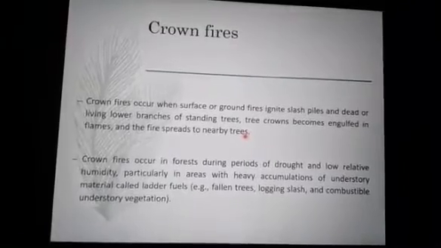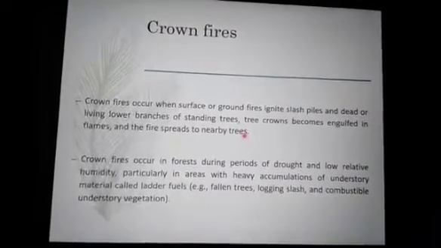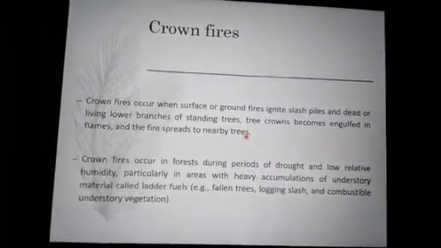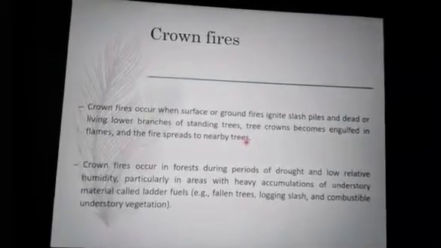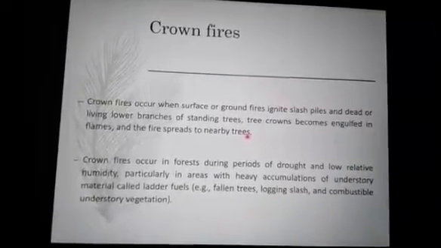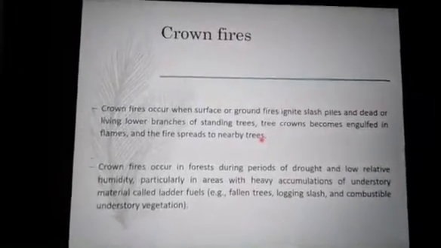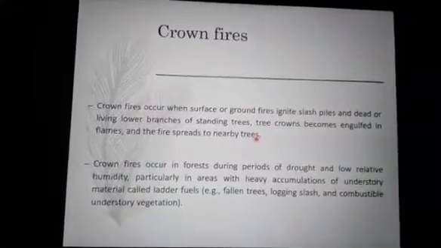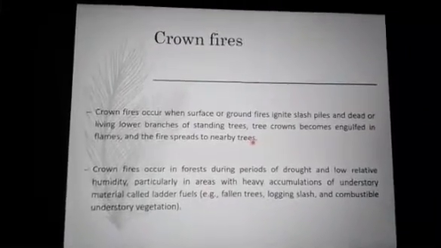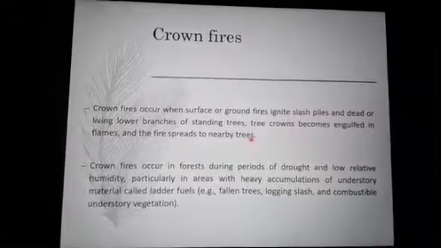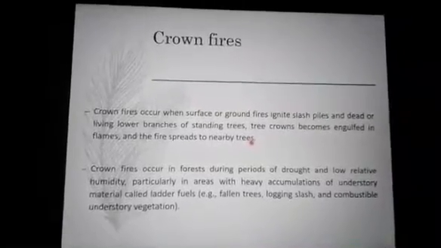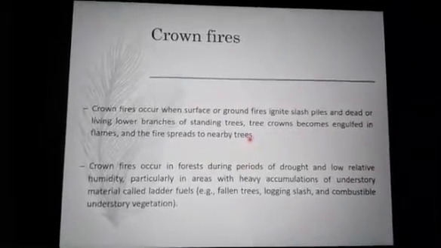The crown fire occurs in the forest during periods of drought and low relative humidity, particularly in areas with heavy accumulation of understory materials called ladder fuel, for example fallen trees, logging slash, and combustible understory vegetation. You remember the understory vegetation is the low-lying vegetation found under the large trees. Those plants tend to die off and leave some biomass on the ground, and that is what the crown fires feed on.